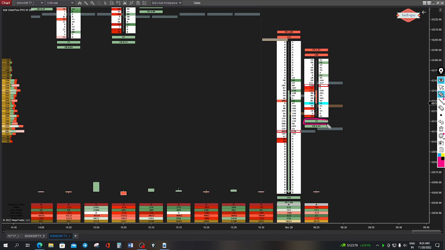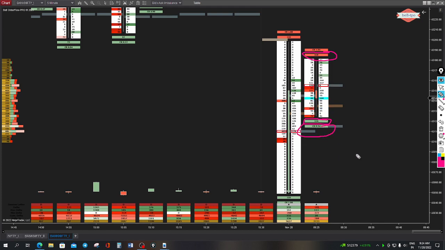This is the COT of the buyers, and this is the sellers' COT. COT is nothing but the center of trade, or interest of trade, in this particular candle, and this is the ratio of both the buyers and sellers.